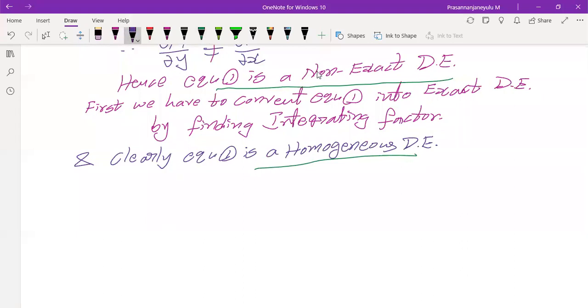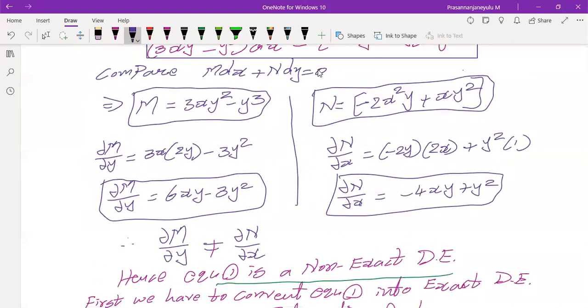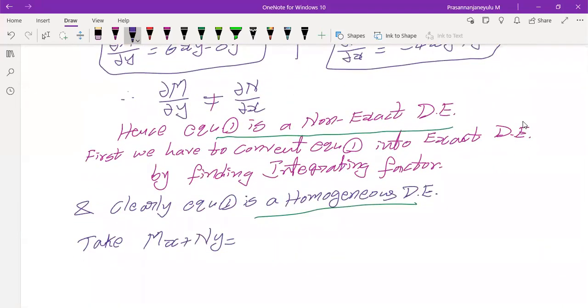Take Mx plus Ny. Why do we have to take Mx plus Ny? We have to check whether this value is equal to 0 or not equal to 0. So what is the M value? We have written here 3xy square minus y cube, multiplied with x, plus the N value.